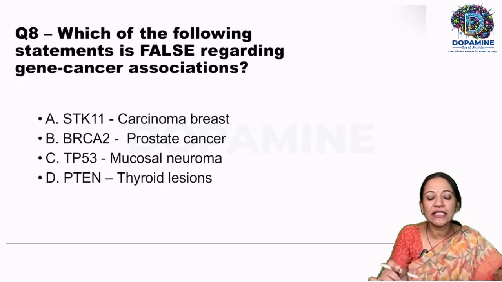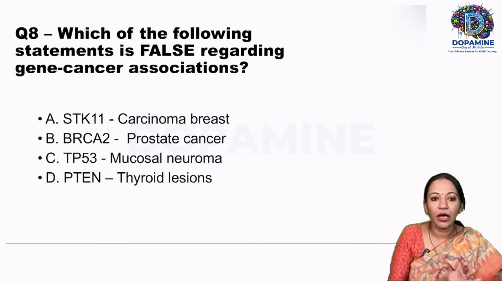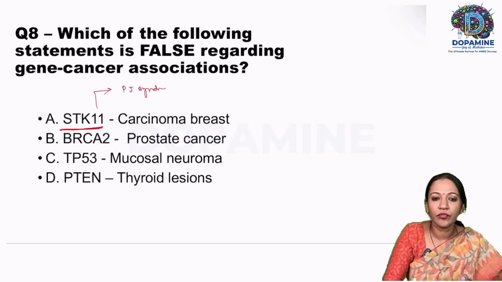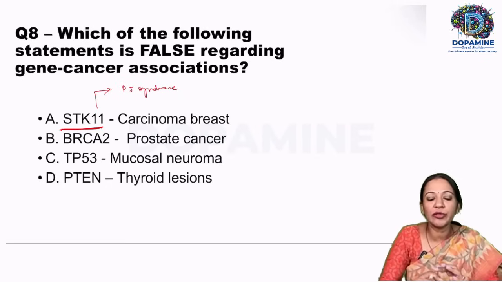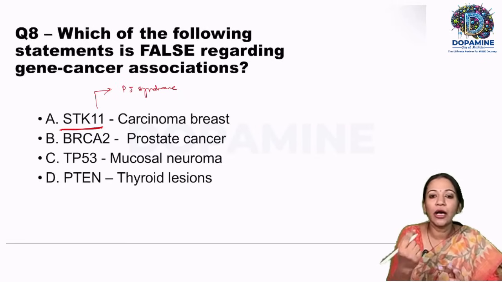Which of the following statements is false regarding gene and cancer? So something like match the following is given. We'll see STK11. STK11 is a classic mutation we have seen so many times in Peutz-Jeghers syndrome. In Peutz-Jeghers syndrome, if we can recollect what the problem is, the person will have multiple brown patches along the oral mucosa, buccal mucosa, and also in the anal verge.